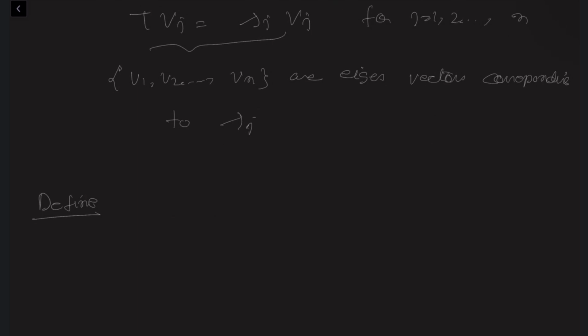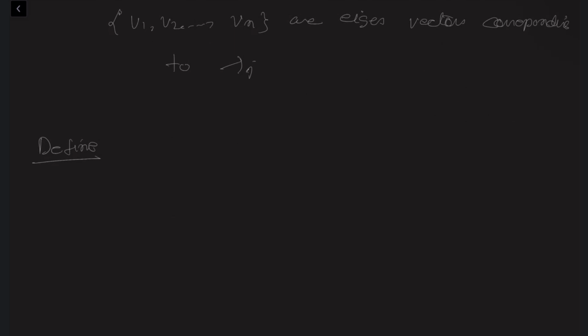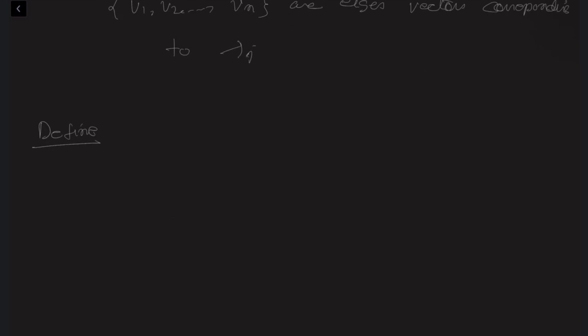Or if T is diagonalizable, then the corresponding matrix will be a diagonal matrix. So this works both ways. I'm going to define it formally, but this is the basic idea: if it is diagonalizable, the corresponding matrix will be diagonal, and if the corresponding matrix is diagonal, the corresponding linear transformation was diagonalizable.